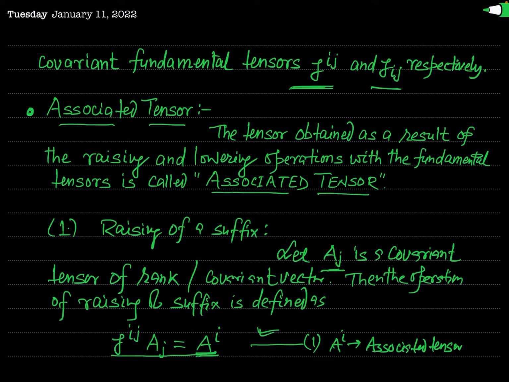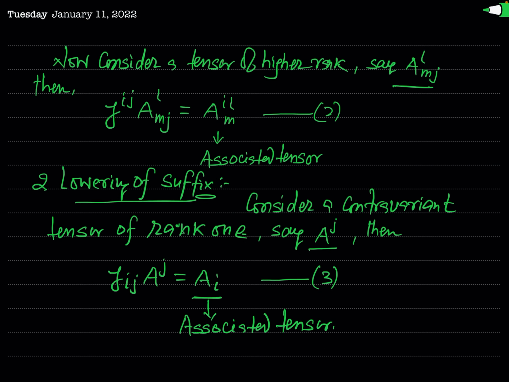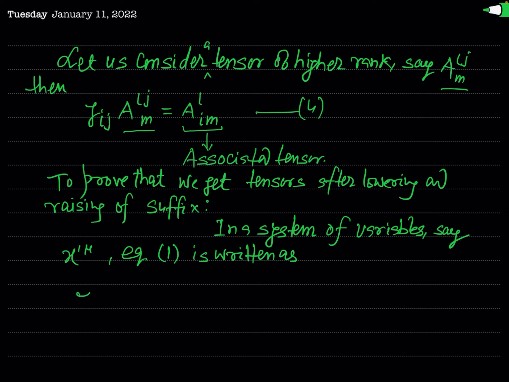You want to write this equation 1 in a primed coordinate system. You have studied these things in the previous lectures. You can write this in this manner: G super mu nu, with the subscript changed, times A prime nu, is equal to A prime mu.